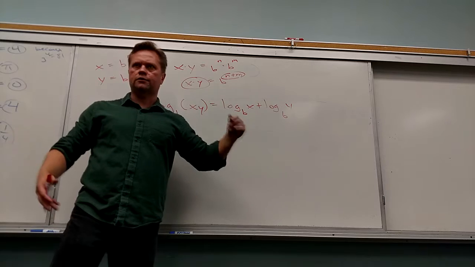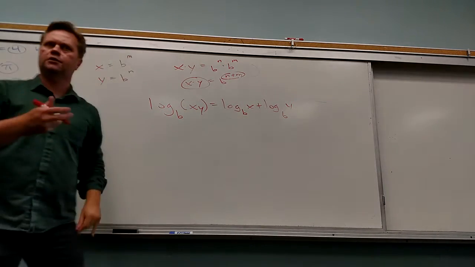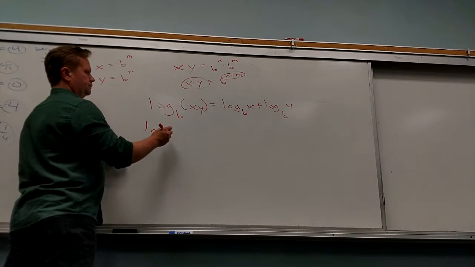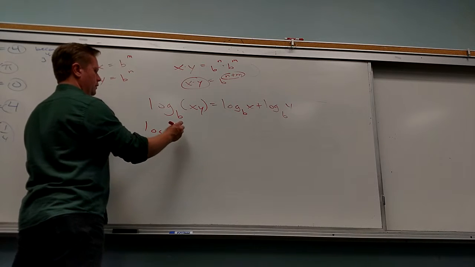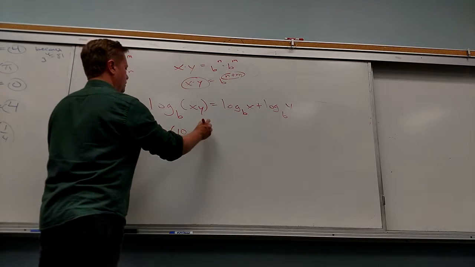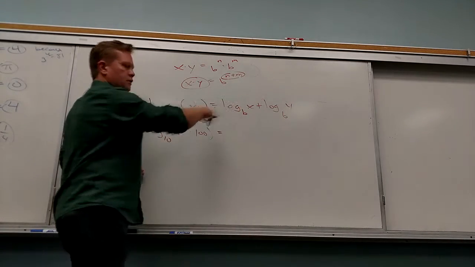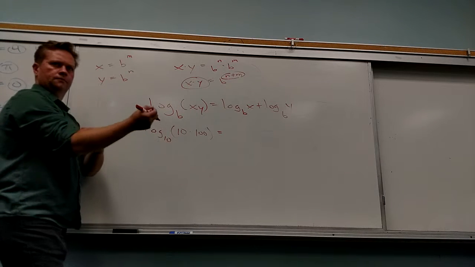logarithms are powers. Let's try a concrete example to get a better feel for this. What if I had log, what do you got, Jeff? You can do it. Log base 10, yeah, let's do something like that, of 10 times 100. Let's rewrite what this would look like using this property.